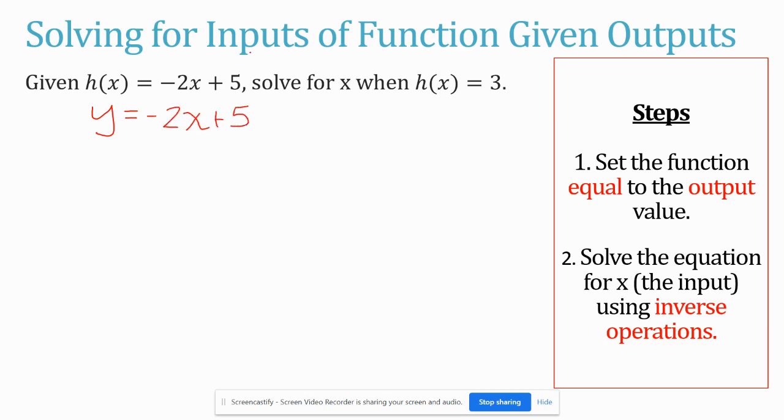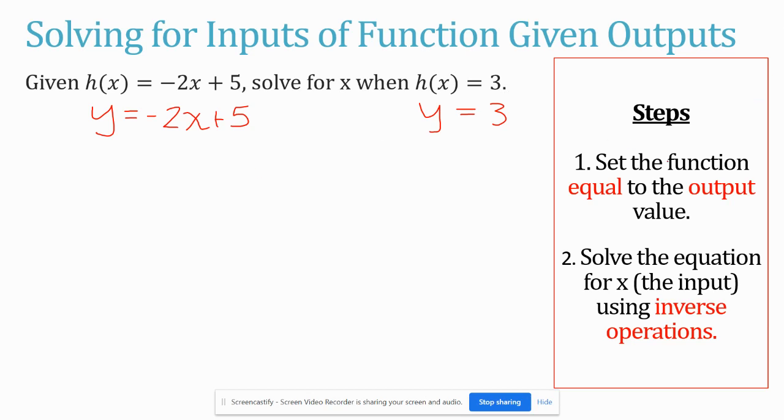We don't have a number in here. Normally we did. We were given an input value. But in this case, we don't have the input, we have the output. So I'm going to just rewrite this as y equals 3. So instead of writing h of x, I'm just writing y. So that might make it a little easier to see what we're going to do next.